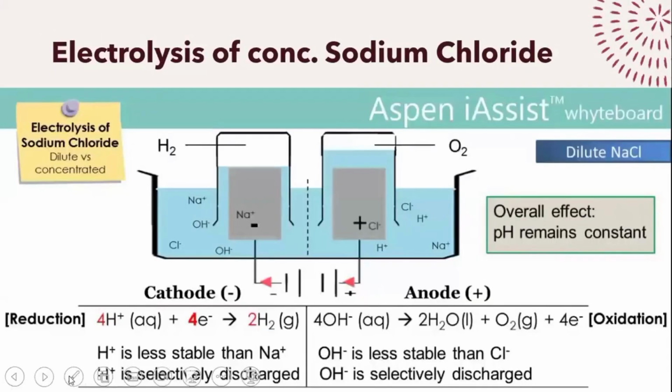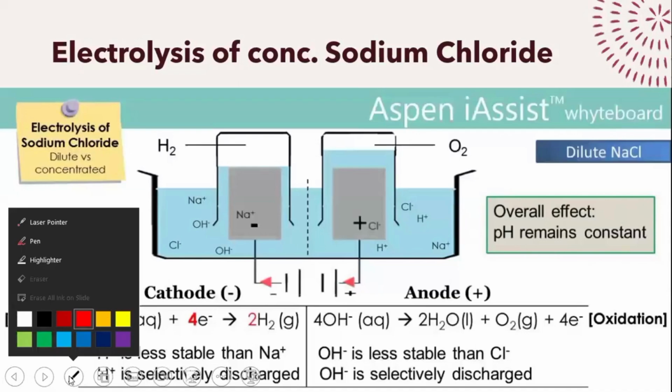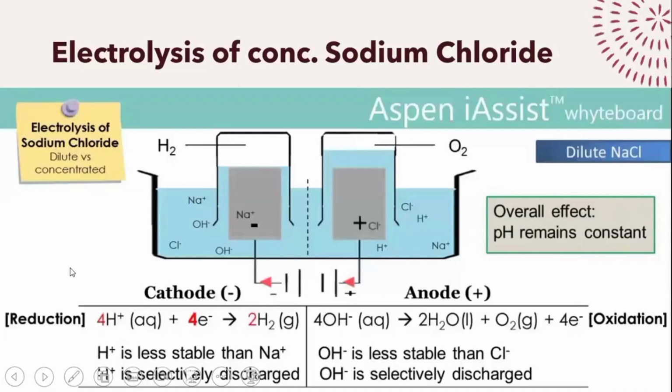Right. So what is going to happen over here, we will have our hydrogen. We are going to have our sodium, right? Sodium chloride is going to have NaCl. And water is going to give me hydrogen and hydroxide.